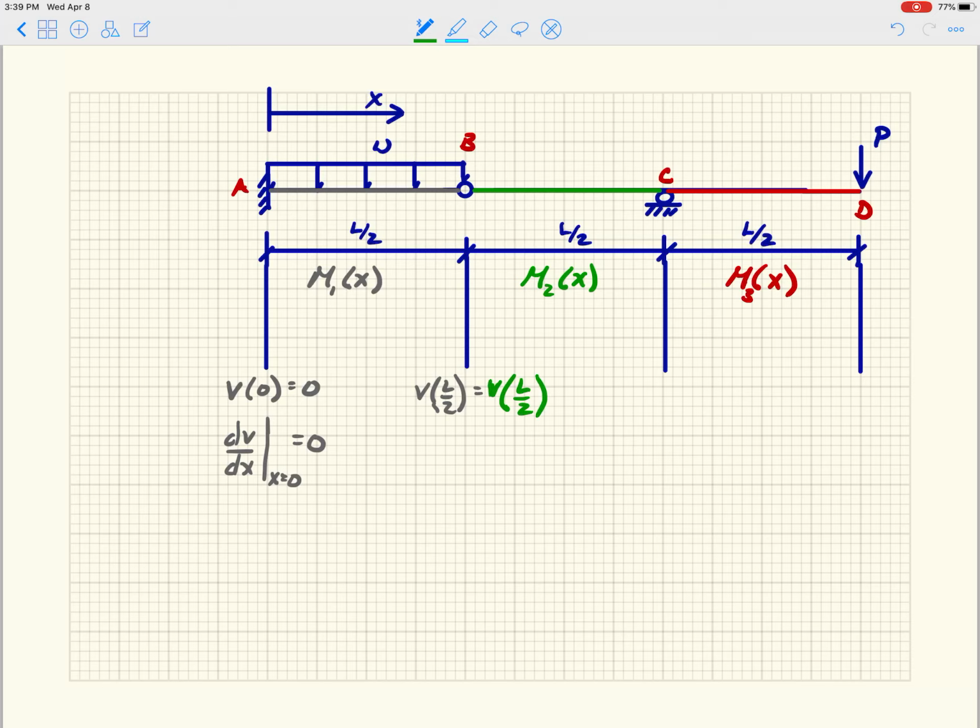All right, so those 2 things have to have the same displacement. That hinge, that moment release, is not enforcing the same slope there, but it certainly is enforcing the same displacement there, right? So that's 3 boundary conditions, right, that we have, right? And then we need 3 more, right?